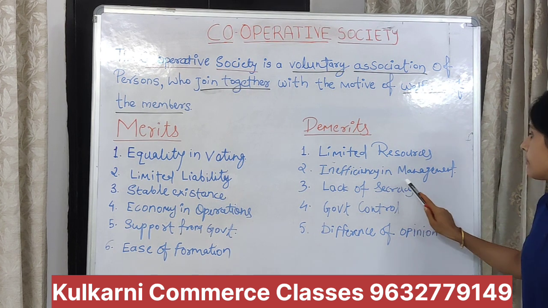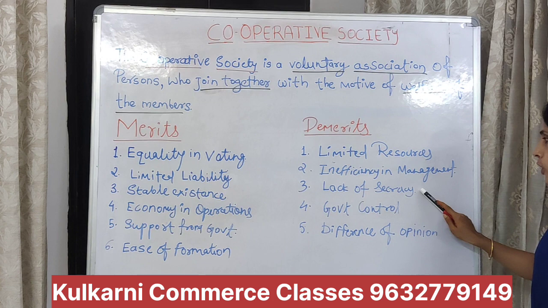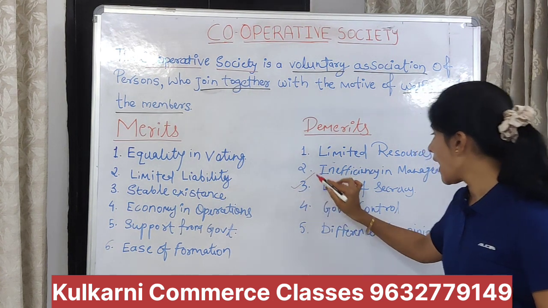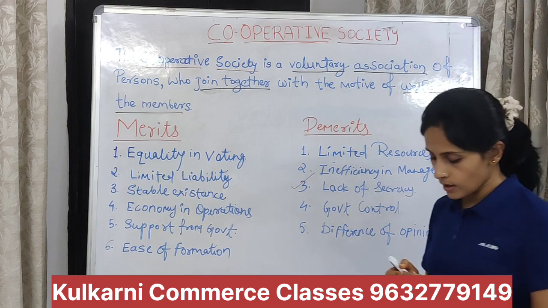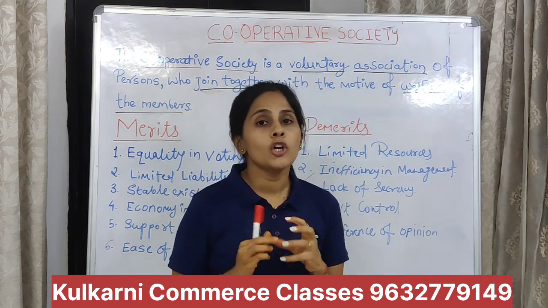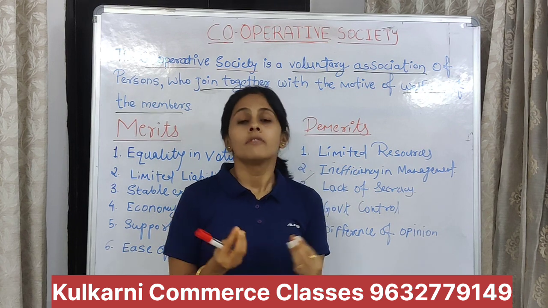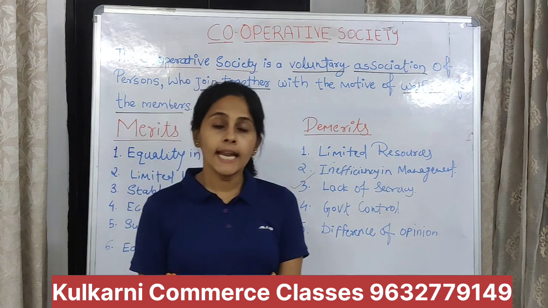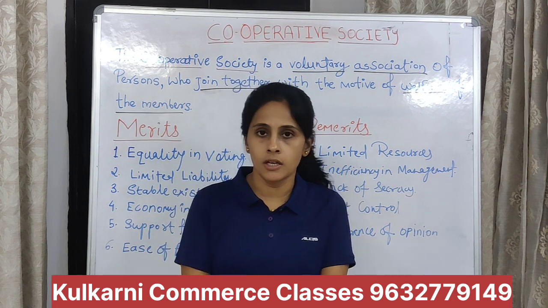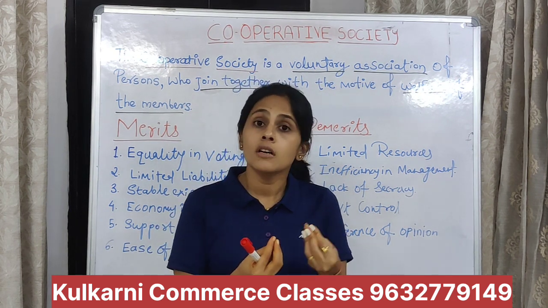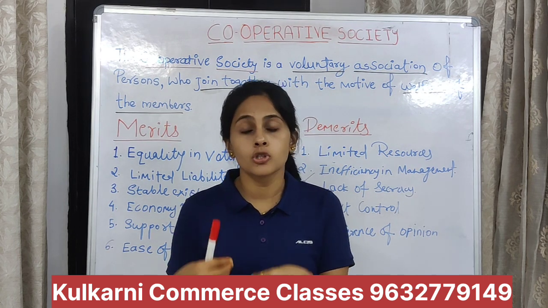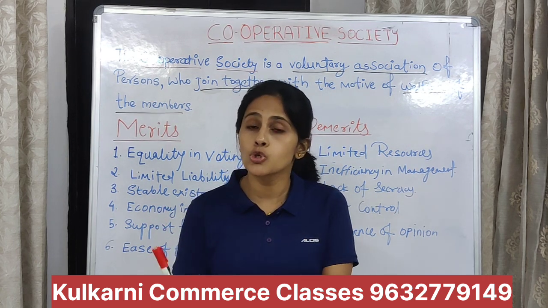Then inefficiency in management, lack of secrecy. I have not explained this point, I guess. Lack of secrecy is there. Secrecy can be maintained when it is not compulsory to publish your financial reports in any journal, or to show them to outsiders.